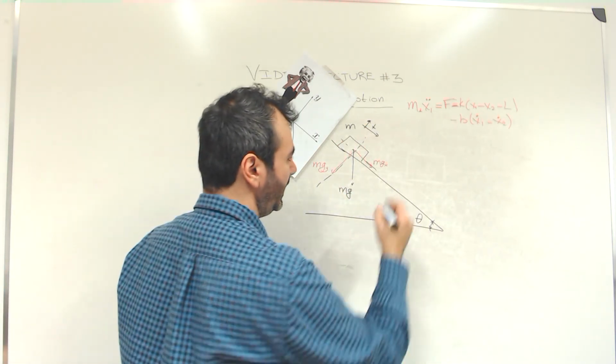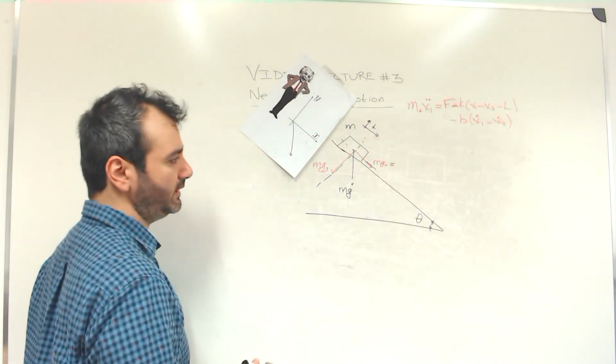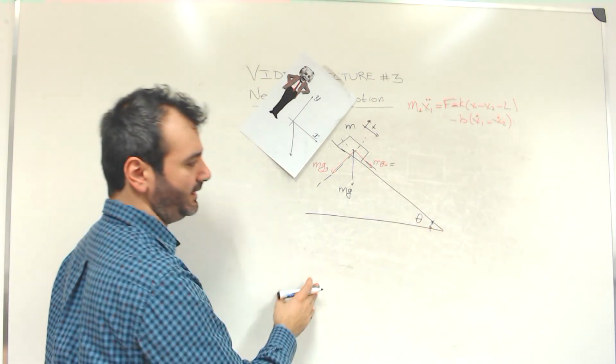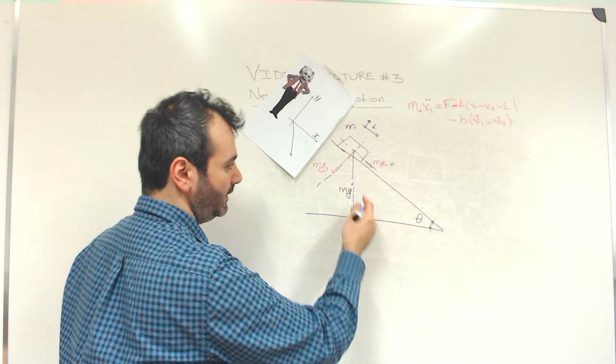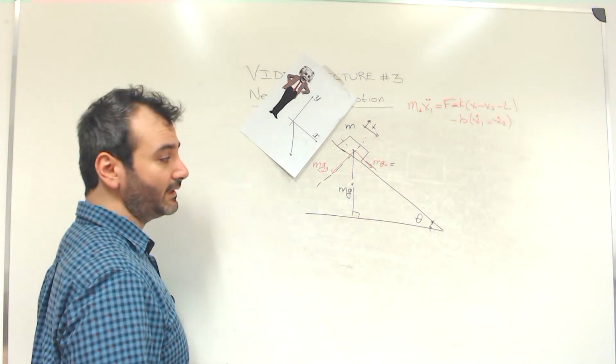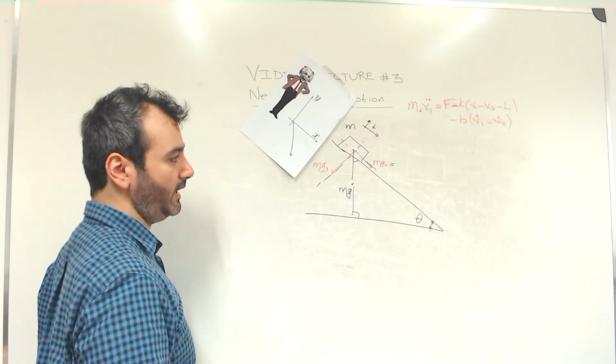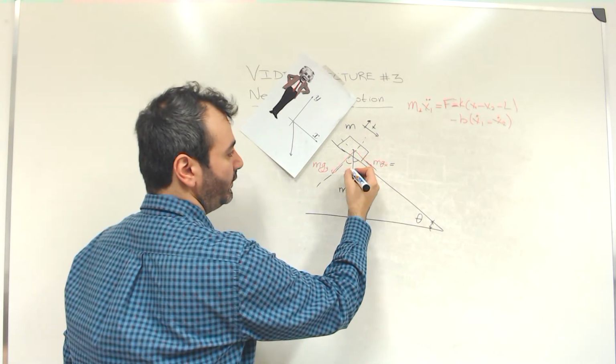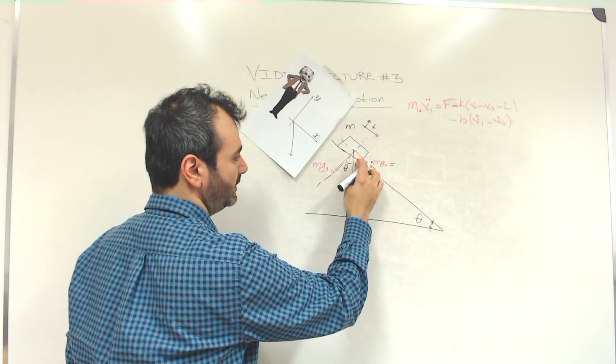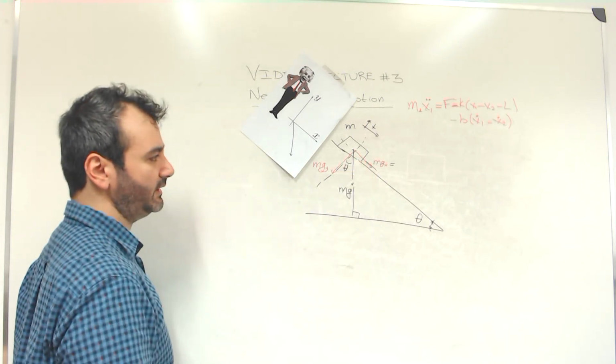Now mg along x is what? Let's have a look. This angle is theta. This triangle is a right-angled triangle, so this is pi half minus theta. Therefore, this one is also theta.